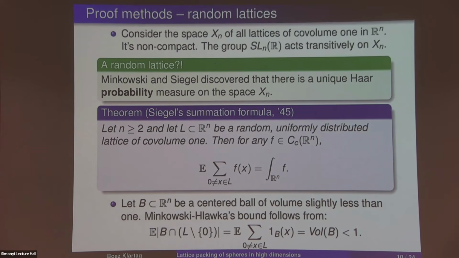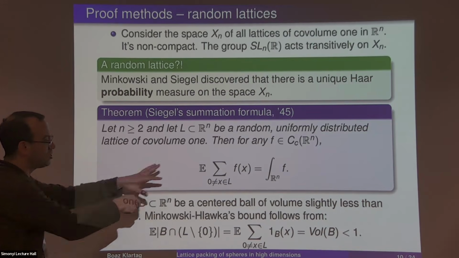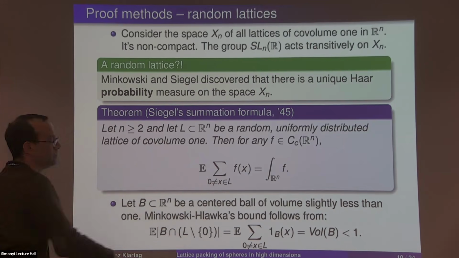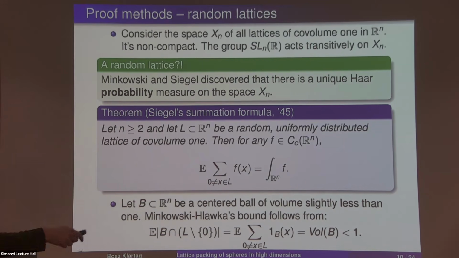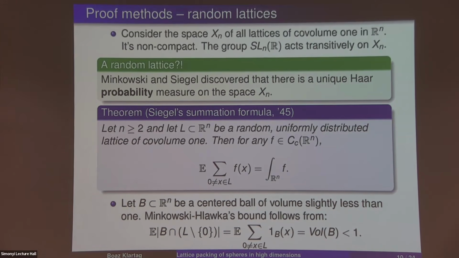So why is it true? Because of the invariance of this random lattice L. What happens if I take the function f and compose it with some SLn map? Each lattice's sum could change, but we know that I can move the map to the lattice L, and it's fine. So the left-hand side will not change. It means that this is an SLn-invariant functional on the space of continuous functions on Rn.